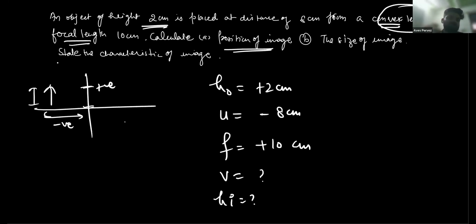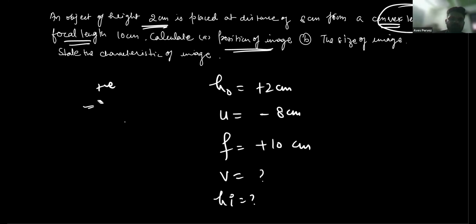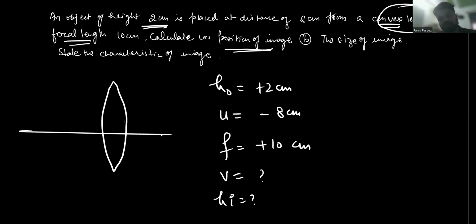Can you guess the position of the object: between R and F, beyond R and F, or between pole and optical center? It is a convex lens. You see, it is between optical center and focal length. So the image will be enlarged. Okay, let's check.